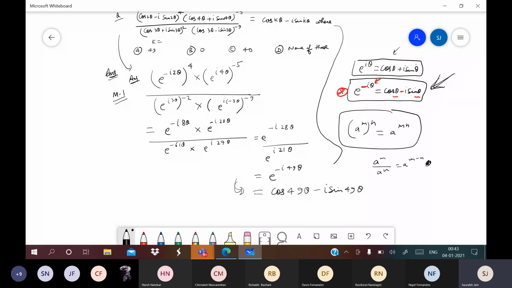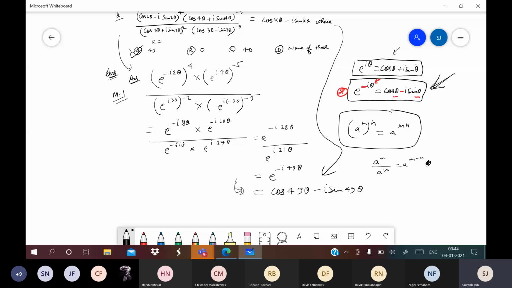Yes. So if you compare, what will be the answer? 49, that is option A will be the answer, because this is coming out to be cos 49 theta minus iota sine 49 theta, and in the question they have given cos k theta minus iota sine k theta. Okay, this is clear. So I have solved the whole question with the help of Euler's form.